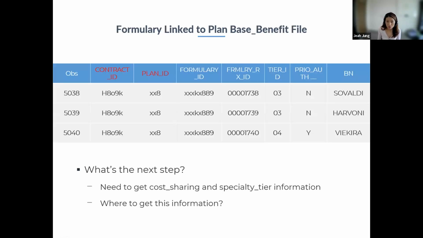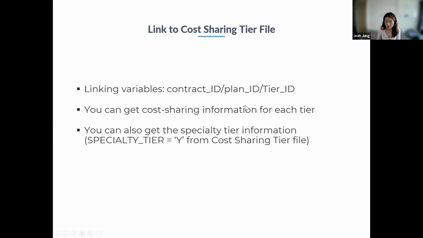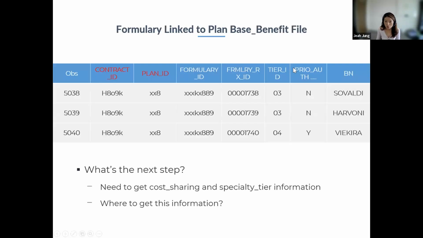You will have a specialty tier yes or no indicator here. If tier ID 03 is the specialty tier ID, you will see Y here. Then you know that Sovaldi is placed in the specialty tier for this plan, right? And Harvoni is also placed in the specialty tier, but Viekira is not. That's how you add this specialty tier information. And then you can also see the corresponding cost sharing information, right?